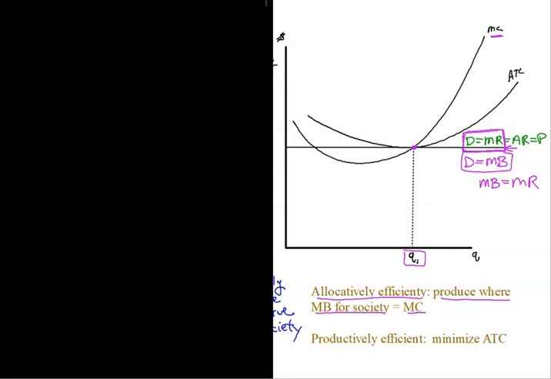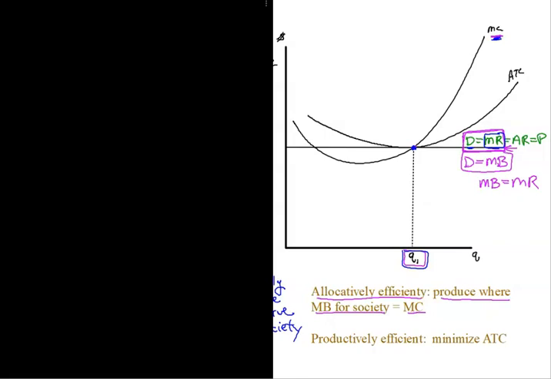Now, how much will the firm produce? Well, the firm will produce where the marginal revenue, that's right here, which is also the same thing as the demand, where the marginal revenue is equal to the marginal cost. And that also happens to be right here. That also happens to be the same place. So the firm is going to produce here at Q1, which also happens to be what society wants.